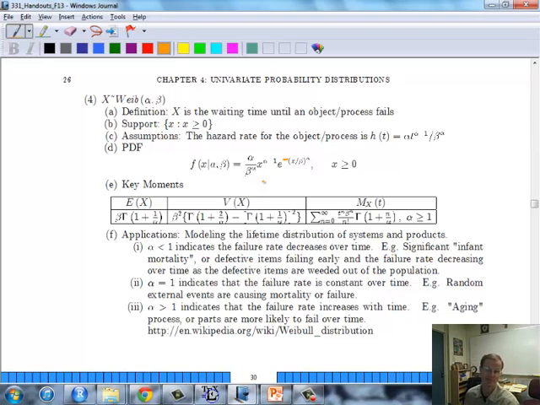This was developed in the early 1900s, popularized by a Swedish engineer named Weibull. So alpha less than 1 is a failure rate decrease over time, and greater than 1, failure rate increase over time. We'll look at these graphs. So we have their relationship mapped out right here.